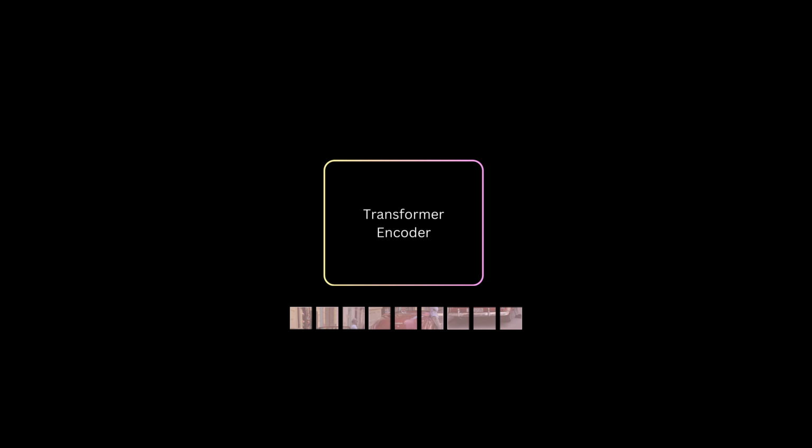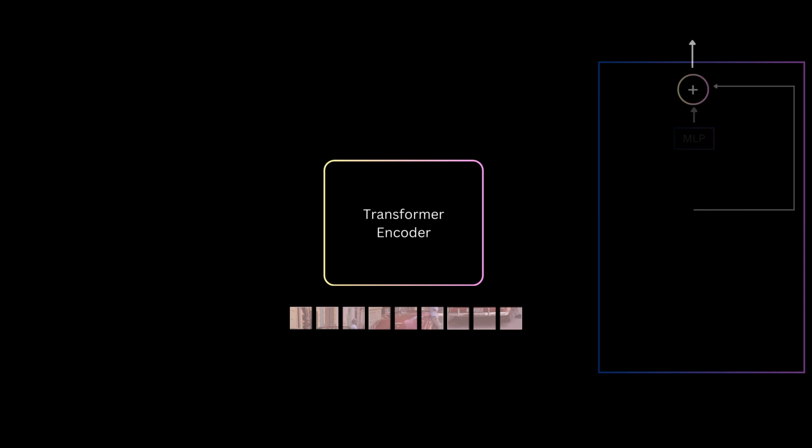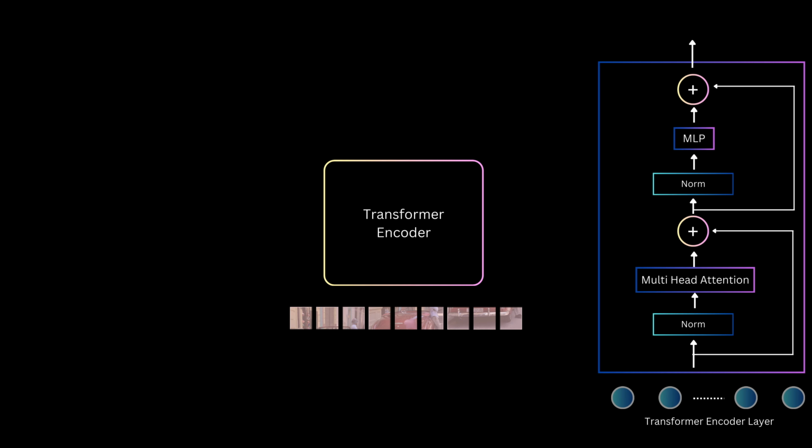In DETR, we first go through a pre-trained backbone, which gives us a feature map containing semantic information about different regions of image. This gets converted to a sequence of grid cell representations, which then gets passed to a transformer encoder. The encoder is layers of self-attention and MLP and generates a representation of the image features at all spatial locations.